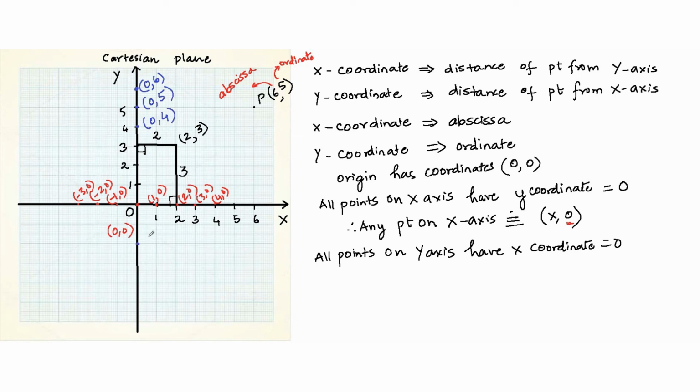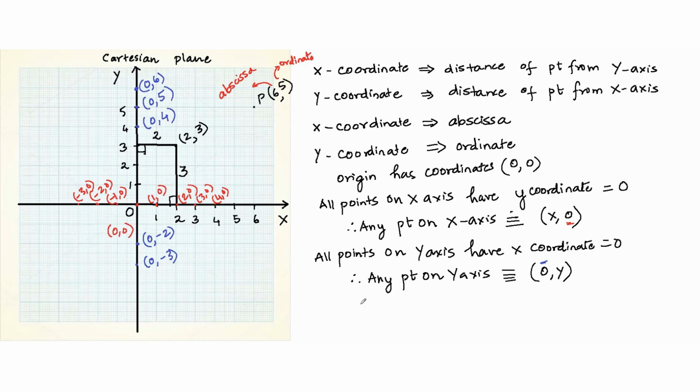Similarly, this particular point will have coordinates 0, negative 2. This particular point will have coordinates 0, negative 3, and so on. And therefore, it is safe to assume that any point on y-axis will be written as 0, y, because we are sure that the x coordinate of that particular point is going to be 0.